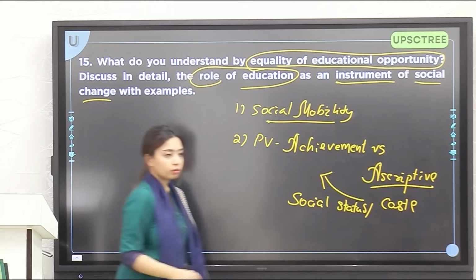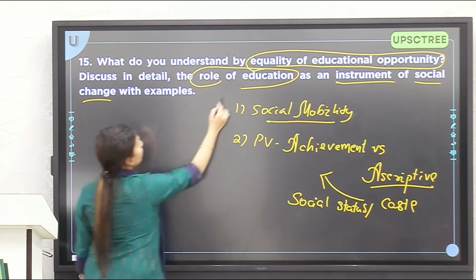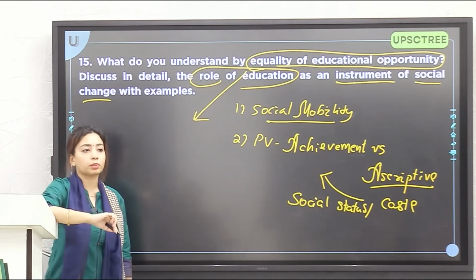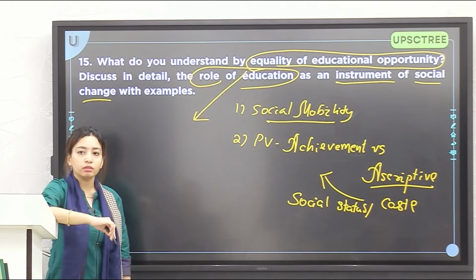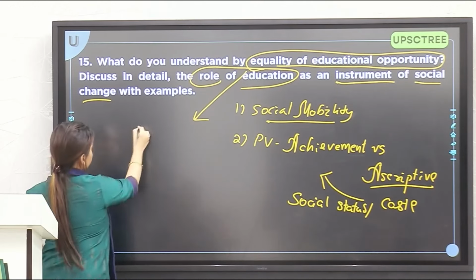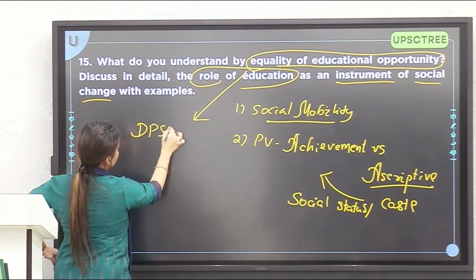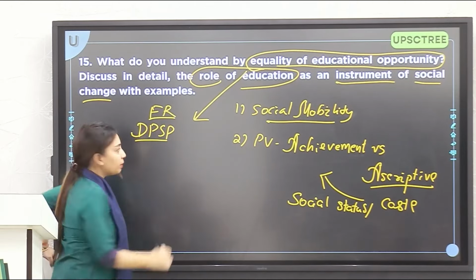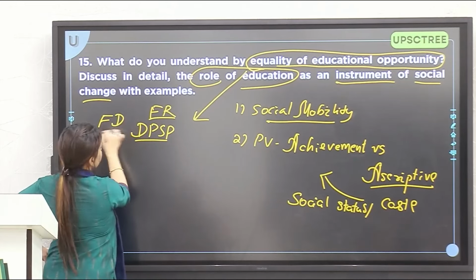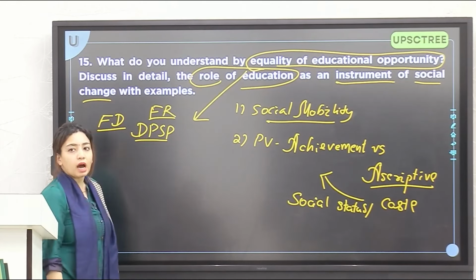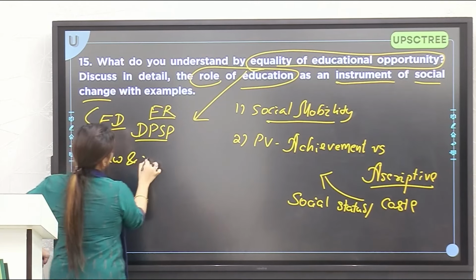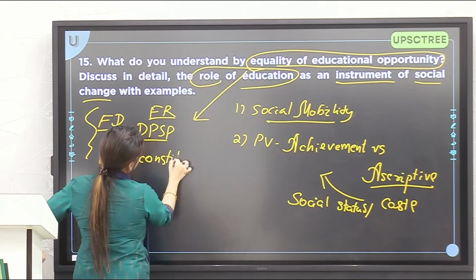Yes or no? And also because you are talking about equal opportunity, you can talk about the socio-economic opportunities given by the Constitution. So DPSP, you can talk about it. Fundamental rights, you can talk about it. Fundamental duties, you can talk about it. So basically how law and constitution is giving rise to equal opportunities.